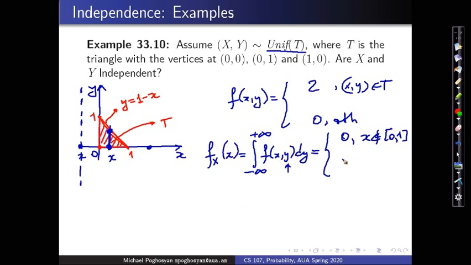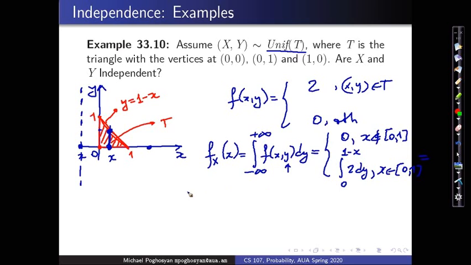So I am integrating from 0 to this point, where y is equal to 1 minus x, and the value of the joint PDF in the triangle is 2, so the integral of 2 dy. y changes from 0 to 1 minus x, this height, for x between 0 and 1.